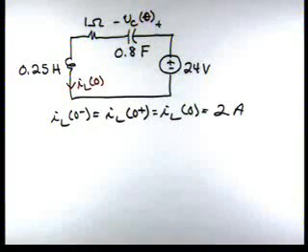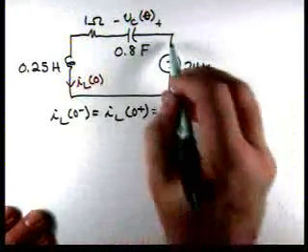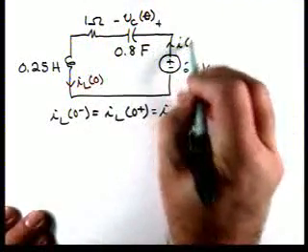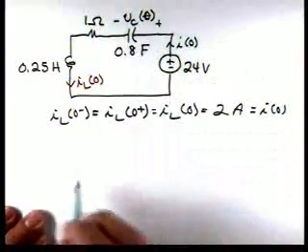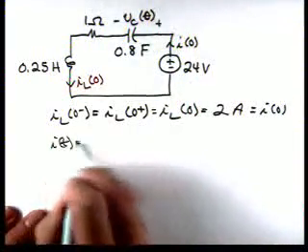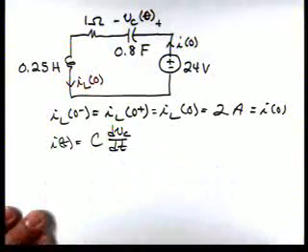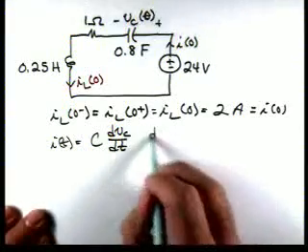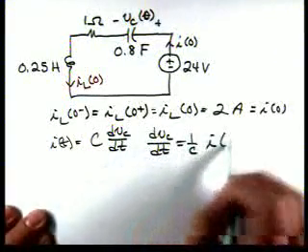And then we note that this is also I of 0. So we know that I of t is C dVC/dt. And we can solve that and say, well, dVC/dt is 1 over C times I of t.